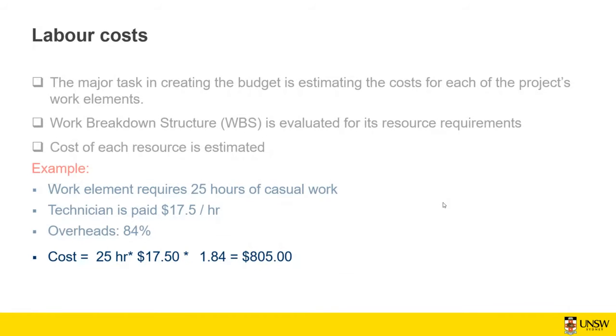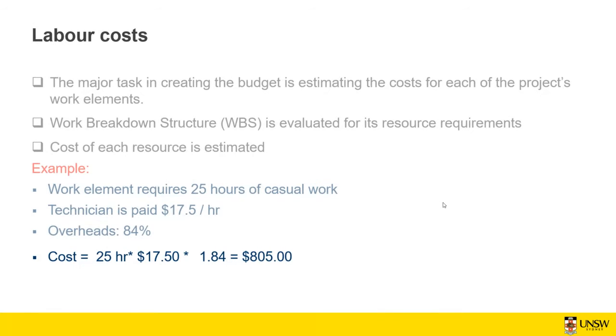So you pay the 17.5 per hour to the technician, but the rest is going to be absorbed for something else that you pay in the long term. It can also be insurance or those kinds of things that you do not particularly pay for this particular job, but for any job or project that you do, you need to consider these overheads. And these overheads are, for example, paying your office rent, your electricity bill, gas bill, water bill, and those kinds of things.